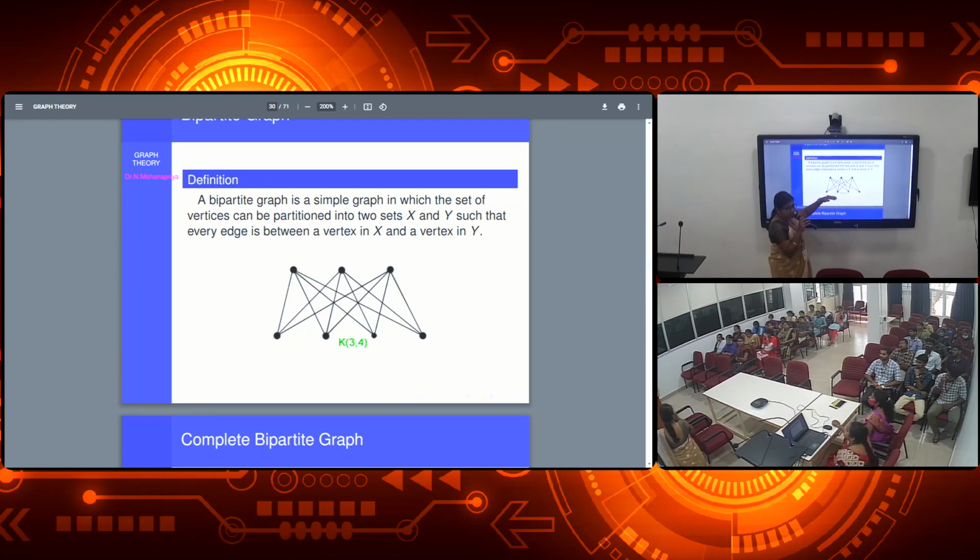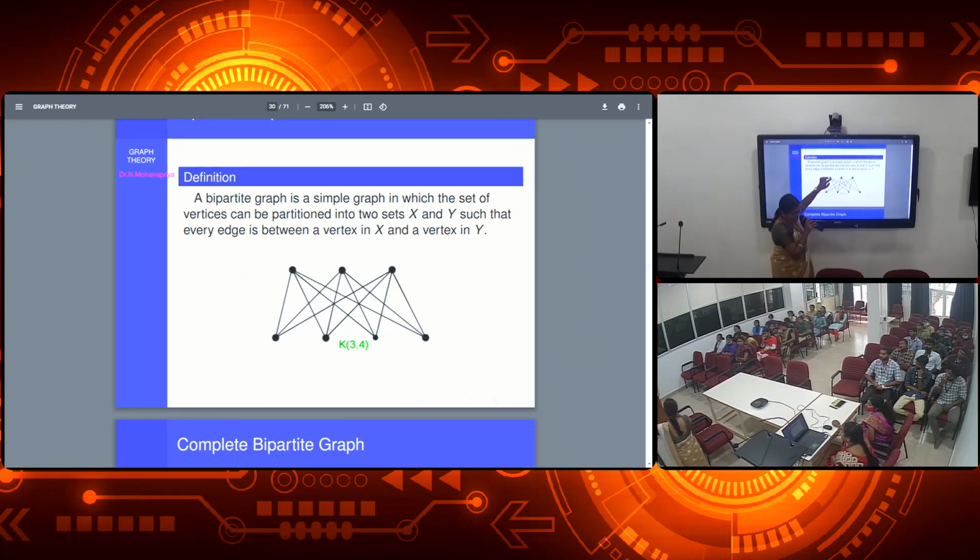I have partitioned them into two sets with 3 vertices as the X set and 4 vertices as the Y set. Each and every vertex of X should have an adjacency only with the set Y, not within the set X. Can you understand what I'm saying? So there is an adjacency between X and Y alone, not within set X or within Y. Can you get the point?